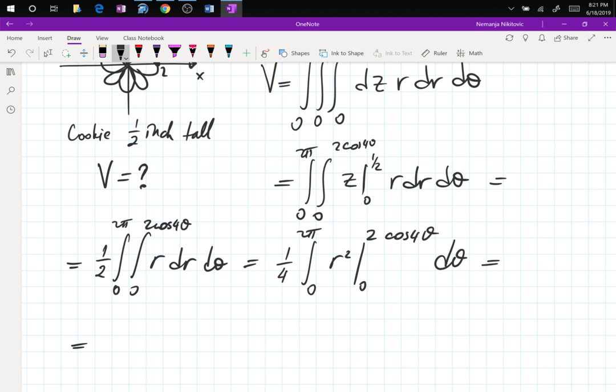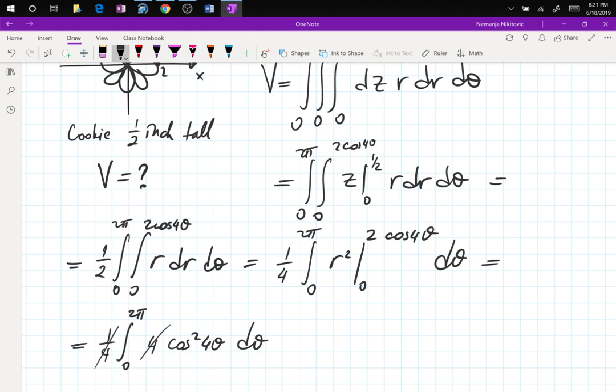So now when I plug in the function, I'll have 1/4 integral from 0 to 2 pi, and in this case I plug in this, so it's going to be 4 cosine squared 4 theta d theta.